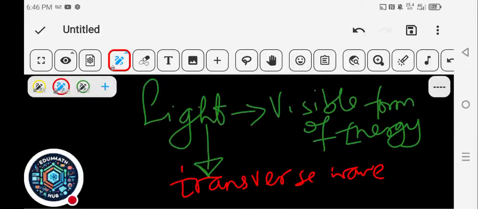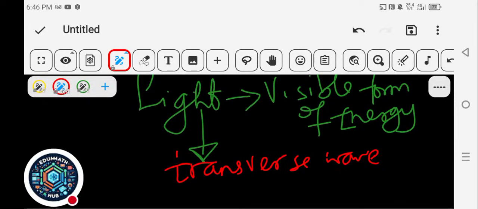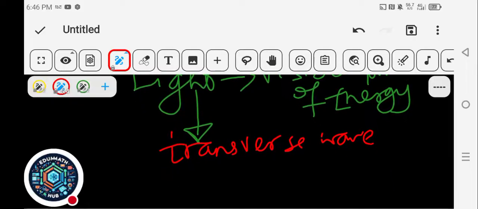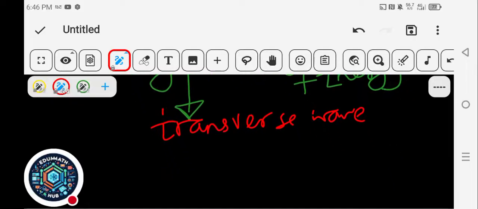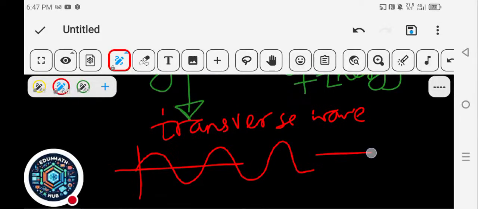So what do I mean by light being a transverse wave? First of all, what's a transverse wave? This is a wave that travels in a direction which is perpendicular to the direction of the particles of the medium. So let's assume the wave is going like this, the direction of propagation or direction of travel of the wave. The particles of the medium are moving up and down like this.